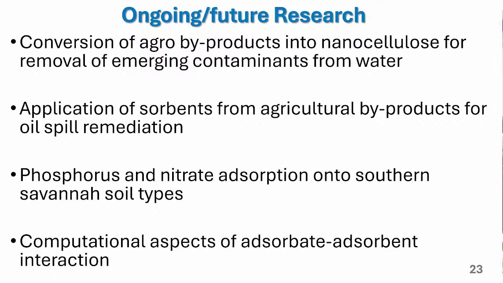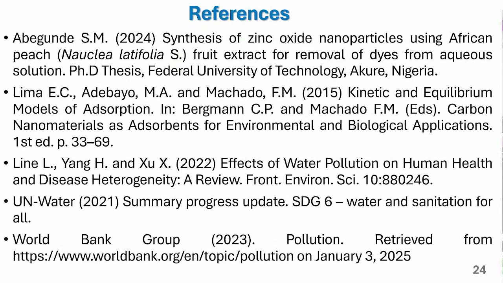Also, another one that's going on is the conversion of agricultural byproducts into useful solvents for oil spill remediation. These are the references consulted during the course of this presentation.